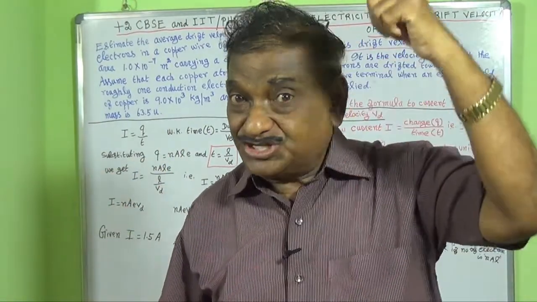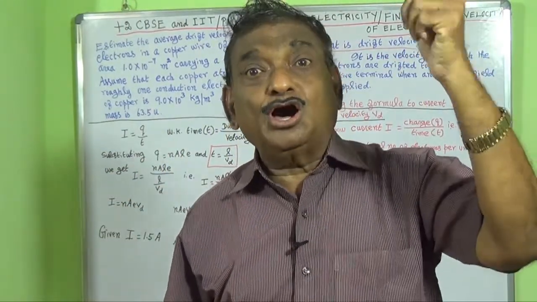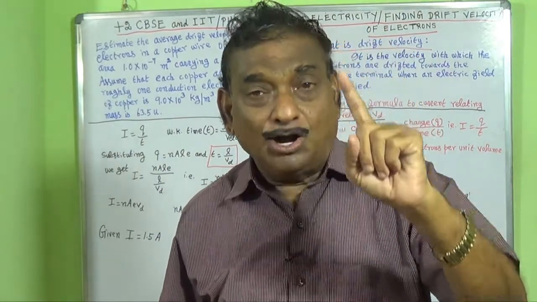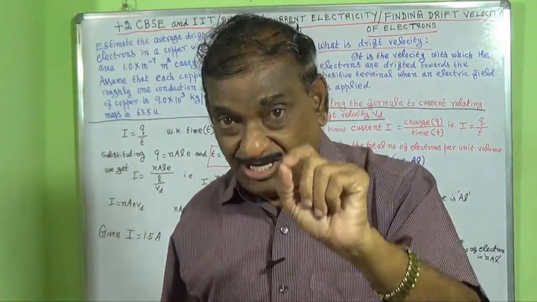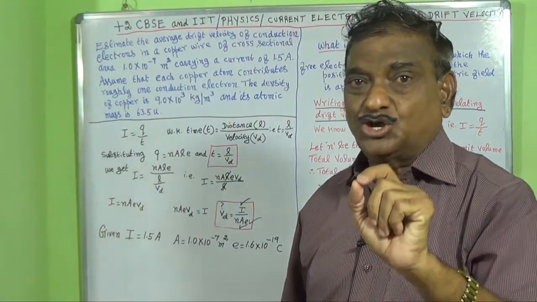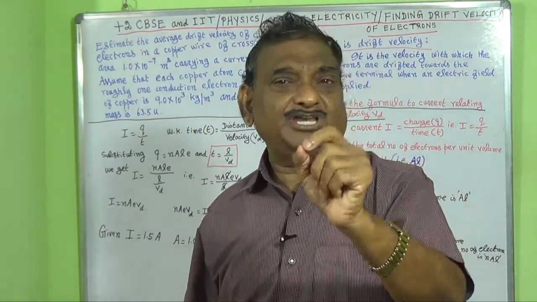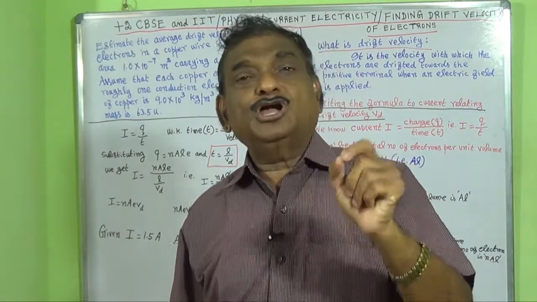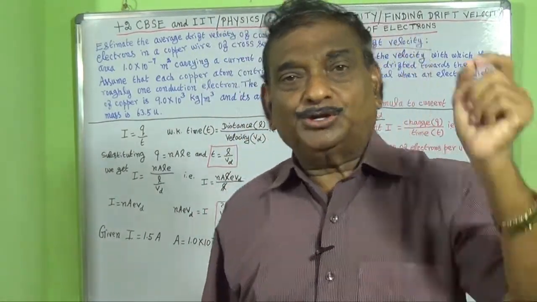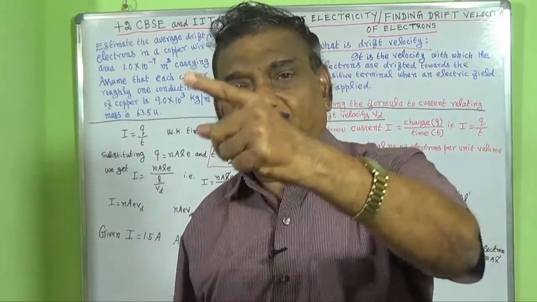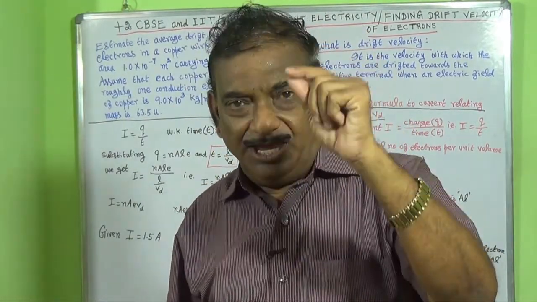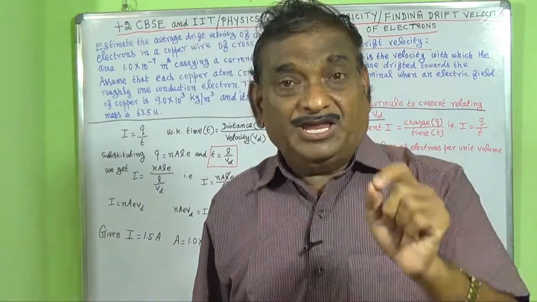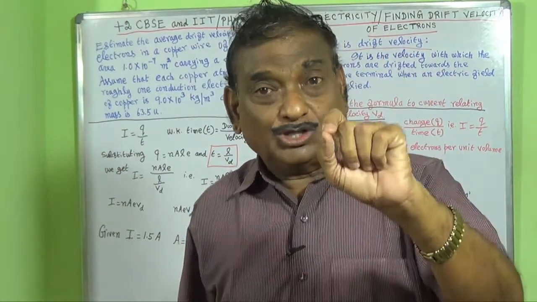As we already stated, the charge of a single electron is 1.602 into 10 to the power of minus 19 coulomb. The charge of an electron is denoted by the letter small e. So if we multiply nAL with e, we will get the formula for the total charge.